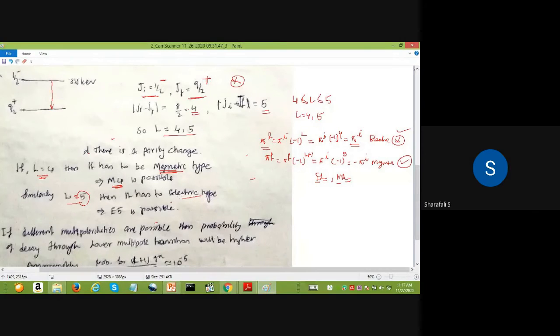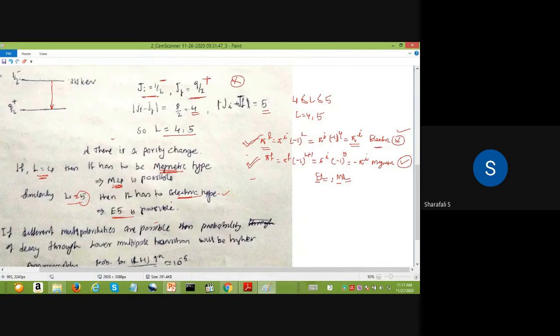Since it is odd, there is parity change, and our example is also having a parity change. So it should be electric, or you can substitute L equal to 5 in this condition and verify that it is changing parity, so it is associated with electric. And if you substitute it here, then L plus 1 will become 6, and there will not be any change in parity, so it is not magnetic in this case when L equal to 5. So E5 is also possible.